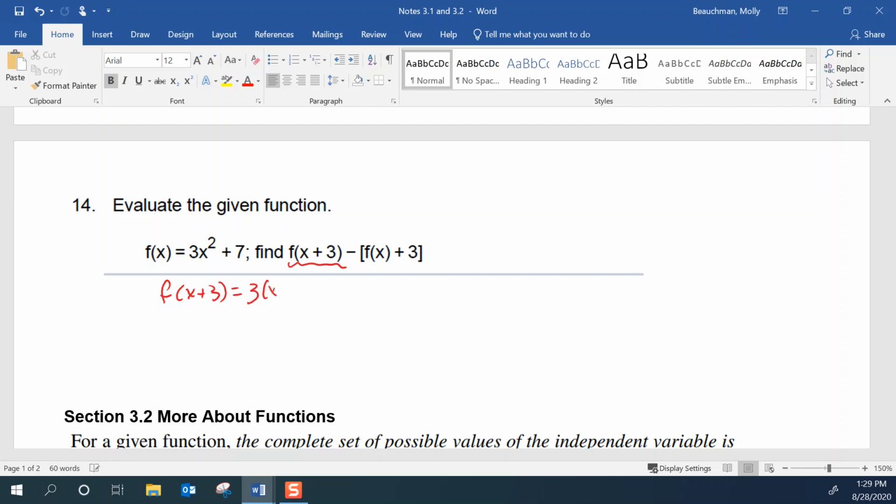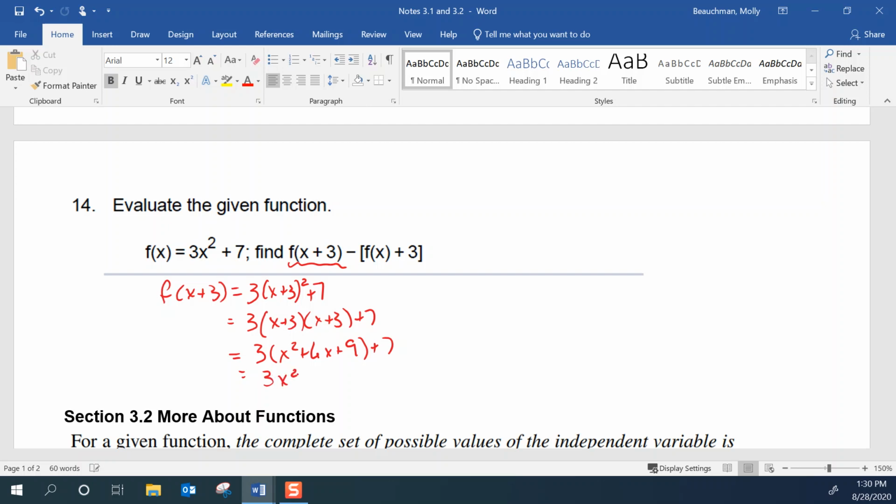So I get 3 times x plus 3 squared plus 7. Let's just do that part. Square, take x plus 3 and square it. We end up with 3 times x squared plus 6x plus 9 plus 7.